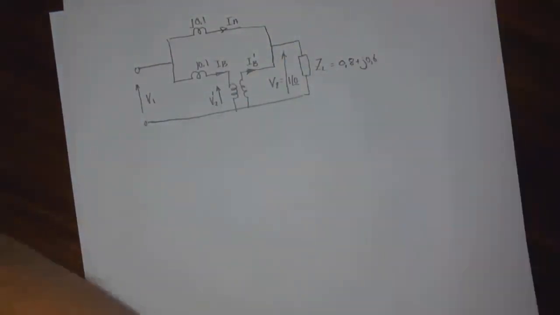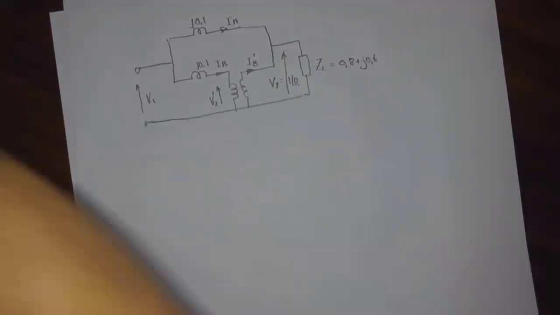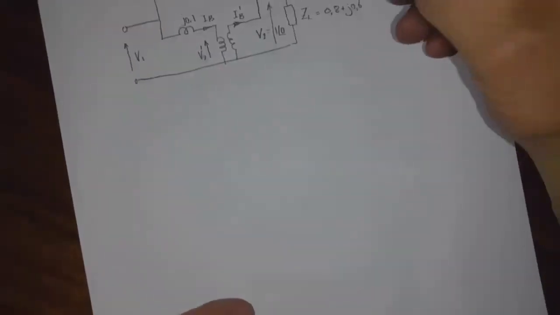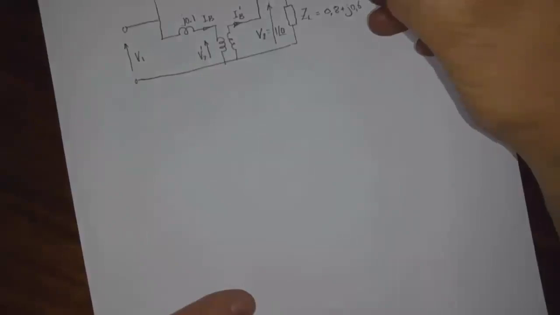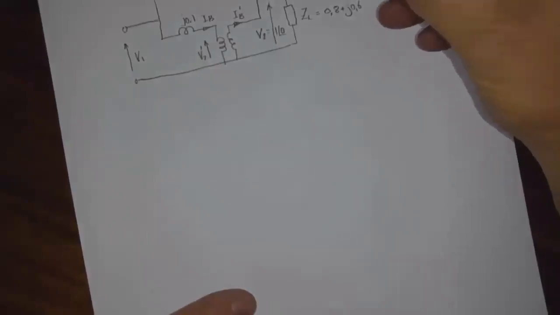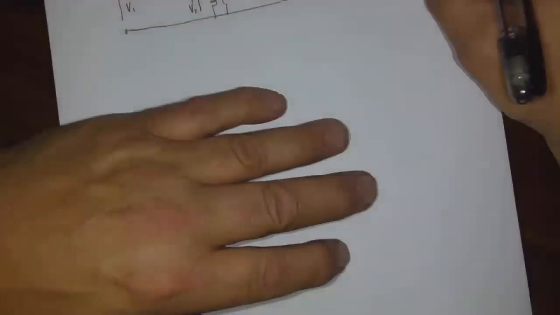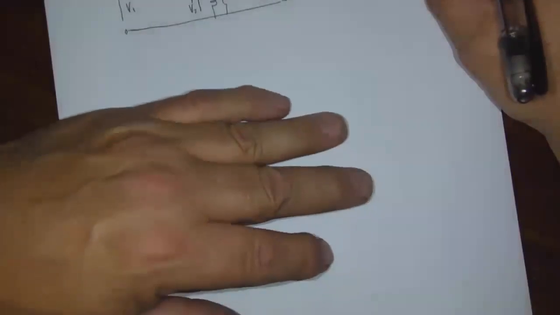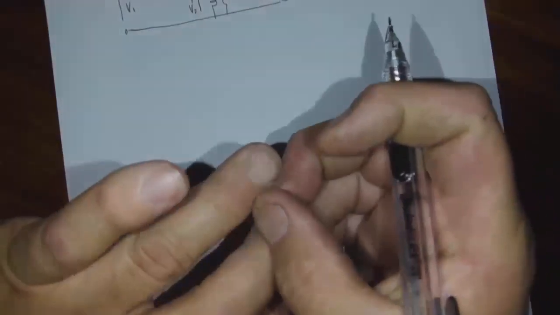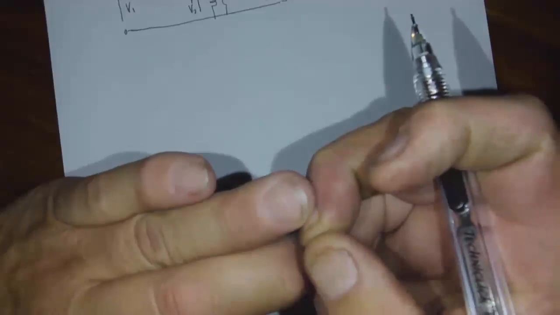Now let's say we take this to be a step up. So it's 1.03. Now, if we have a step-up transformer, what's going to happen to the current on this side?